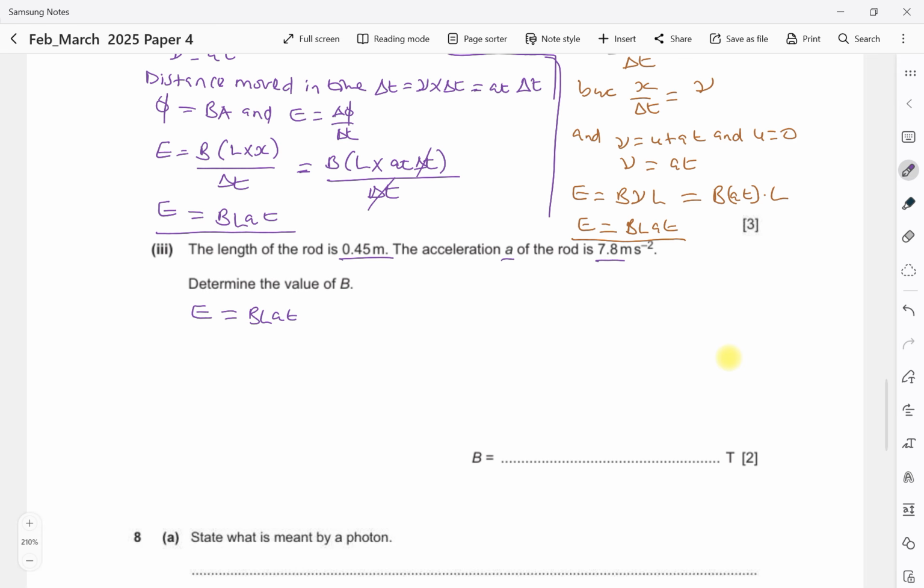We want to find B. They've given us the acceleration, so I'll just divide this E by t. This is going to be BL times a, which means that B is equal to E over t times 1 over La.